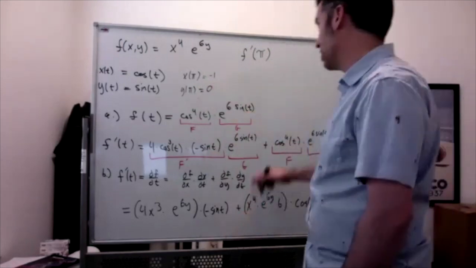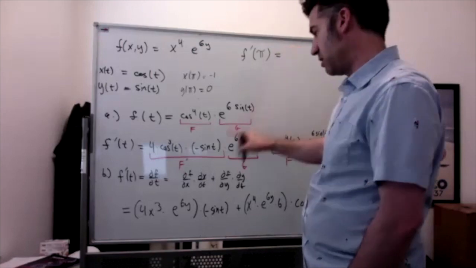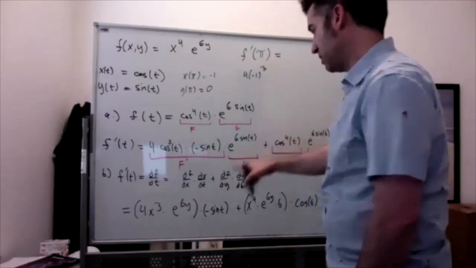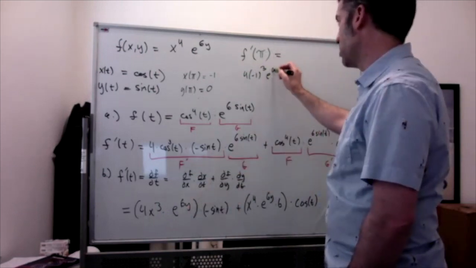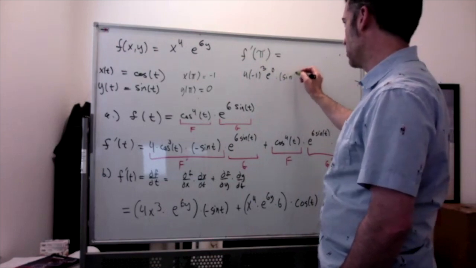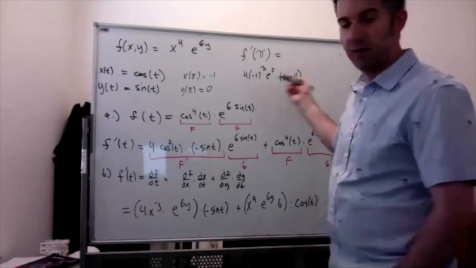So in my equation here, f prime of pi would be 4 times -1 cubed times e to the 0 times negative sine of 0. Okay, that's boring because it's all 0.